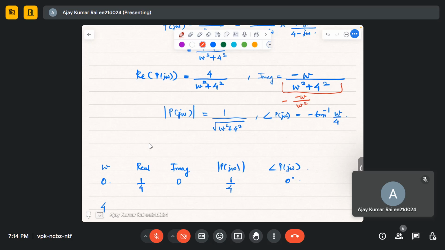This is an approximation; I've neglected 4 square as compared to omega square. And here I will again get minus 1 by omega. Now if I put omega equal to infinity, what will I get? 0.